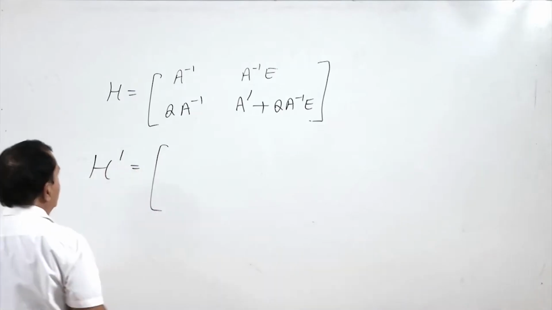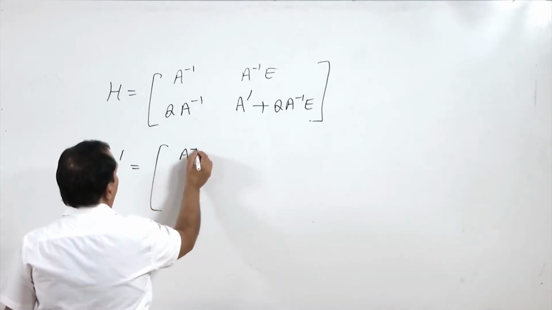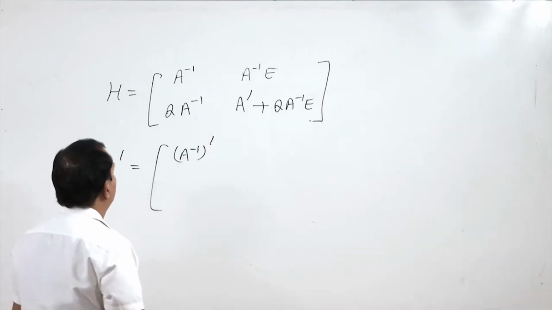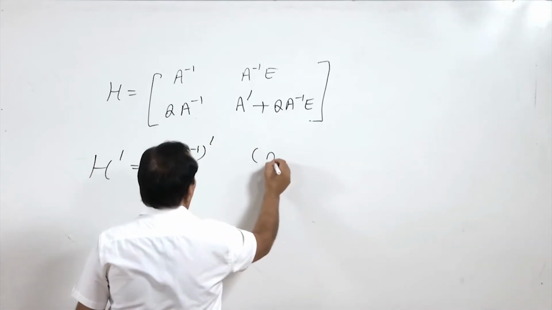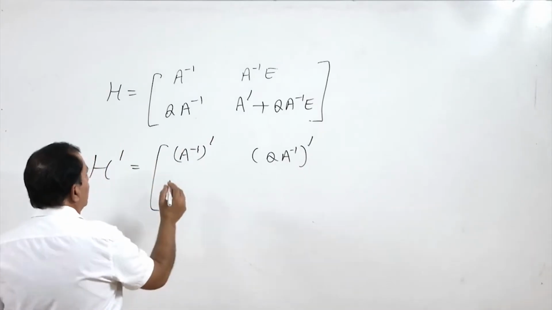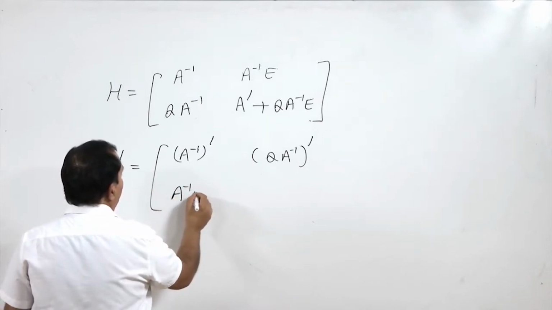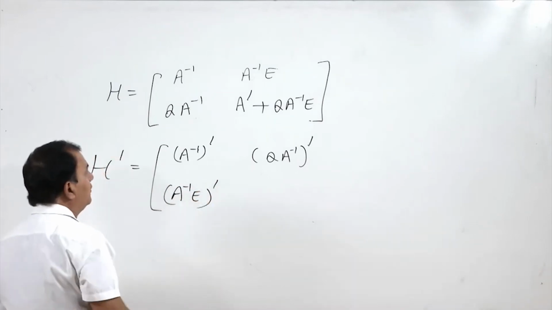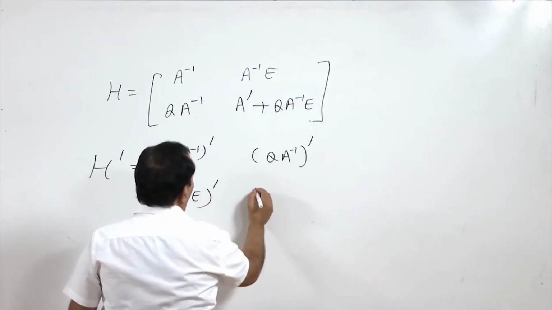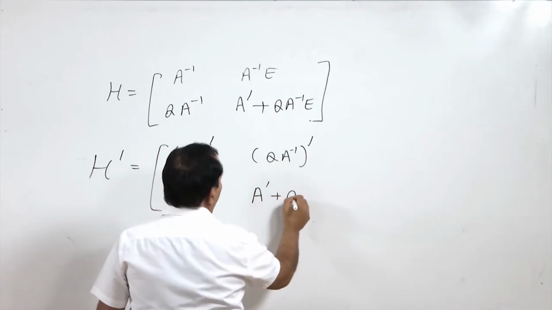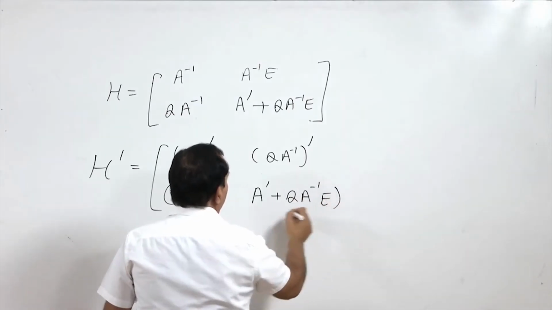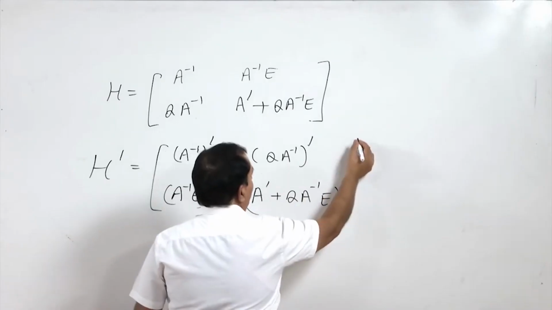What will it be? My first element is A inverse transpose, then Q A inverse transpose, A inverse E transpose, because this element will come here, and A transpose plus Q A inverse E, the transpose of the whole.